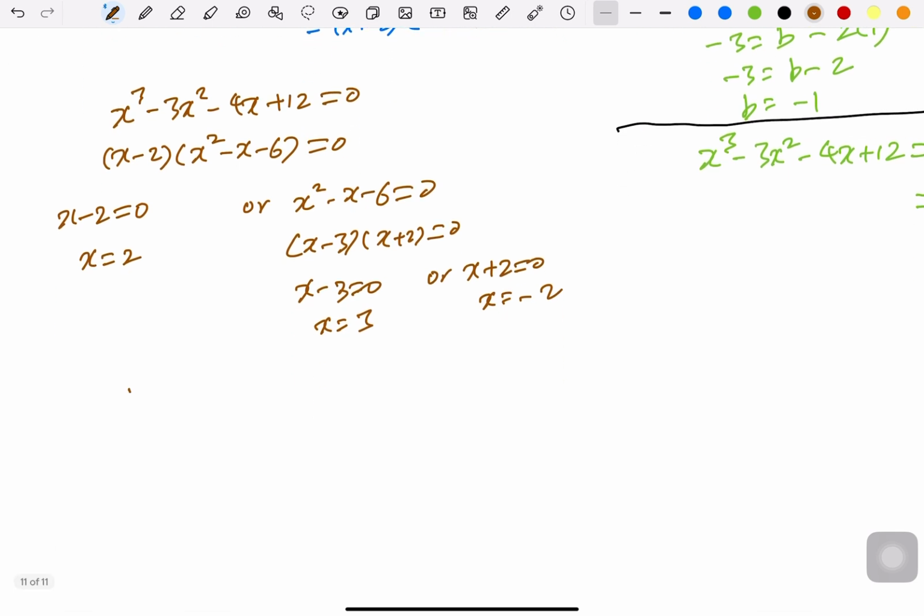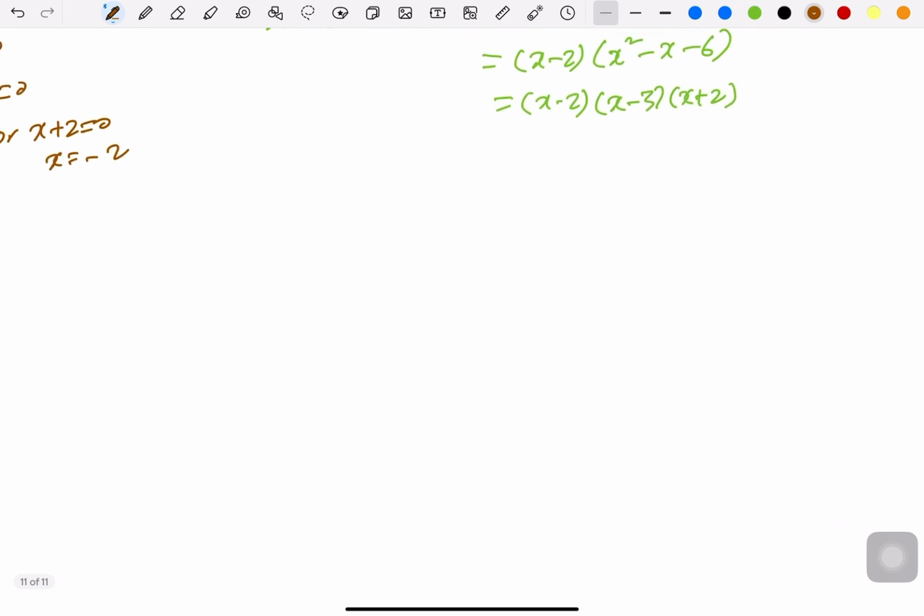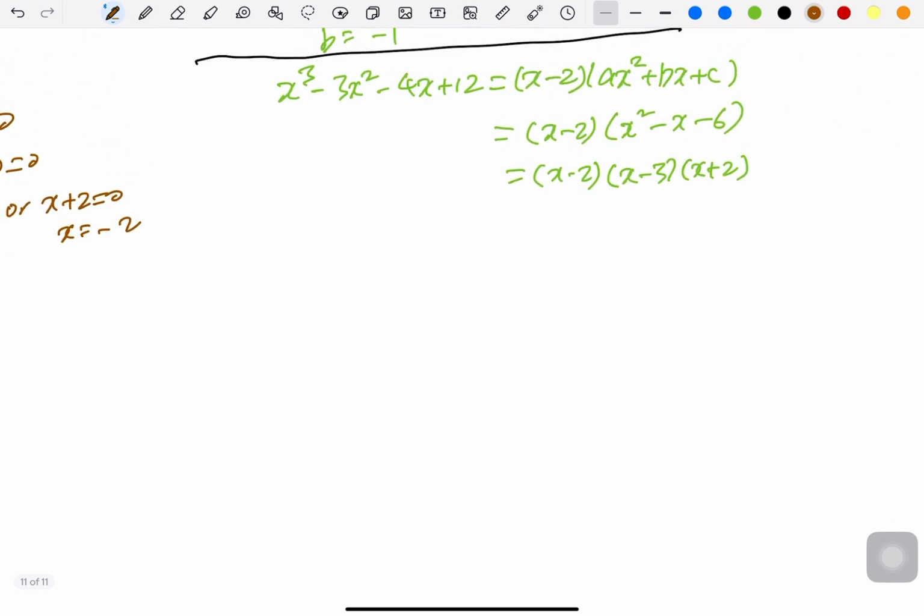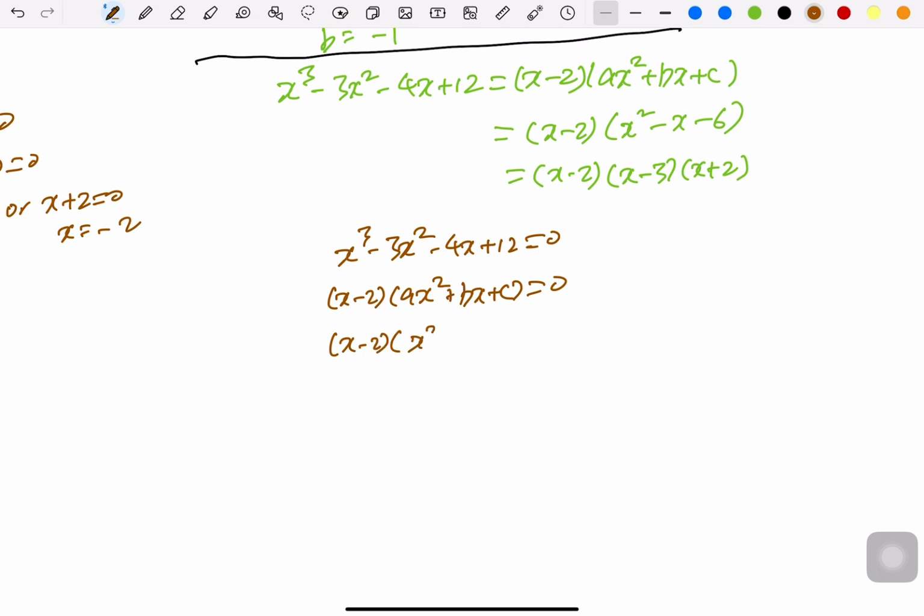Okay, so therefore the answer is x equals minus 2, x equals 2, or x equals 3. So that is the difference. Similarly on the other side, because we are solving the equation, I will rewrite this here. I found my a, which is 1, and my b, which is negative 1, and c, negative 6.